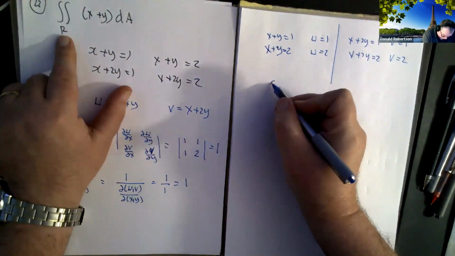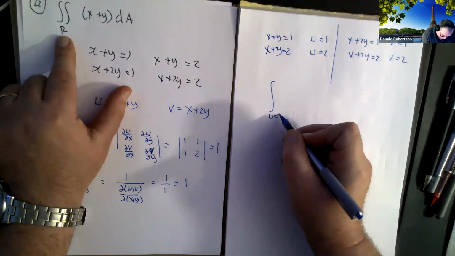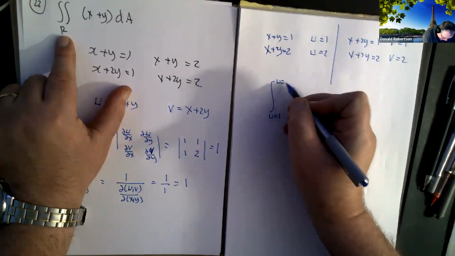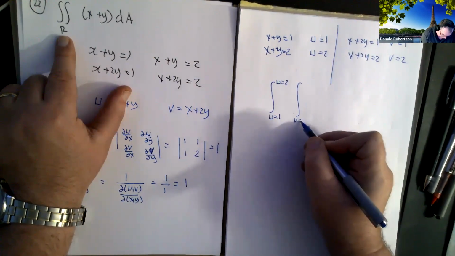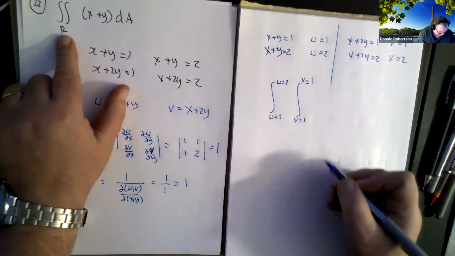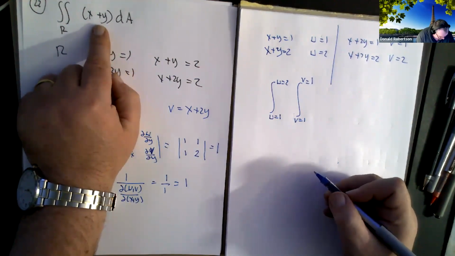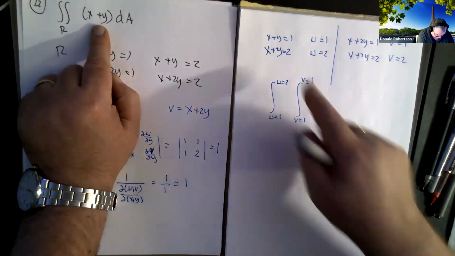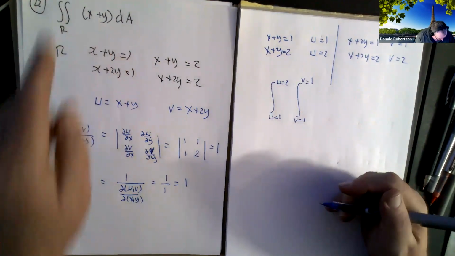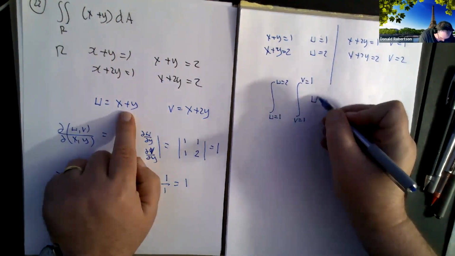And so my integral will now be from u equals 1 to u equals 2, v equals 1 to v equals 2. Convert this guy into u's and v's. Well, he's pretty easy, right? He's just x plus y.